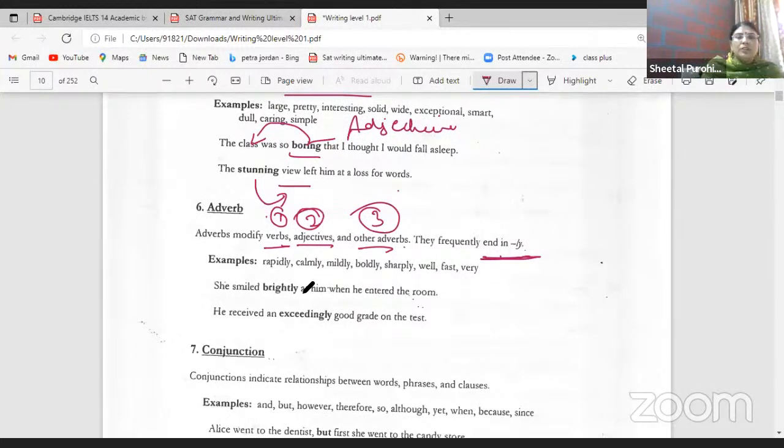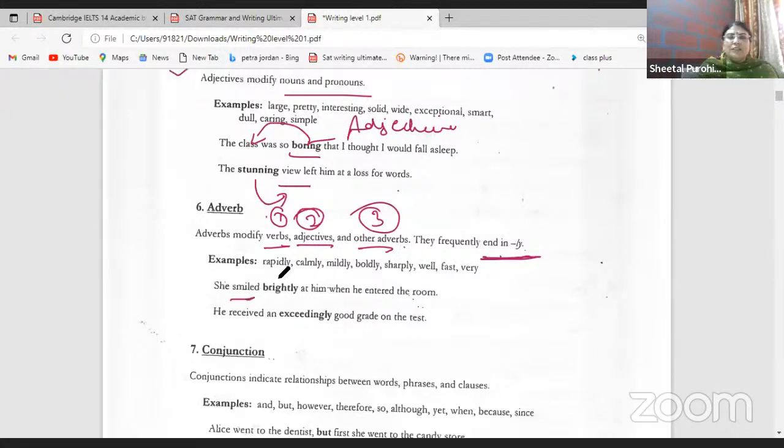Right? She smiled brightly at him when he entered the room. Smiled is the verb here, and you ask how exactly she smiled. She smiled brightly. Brightly is telling something more about smiled, so brightly is an adverb here. The next one: he received an exceedingly good grade in the test.